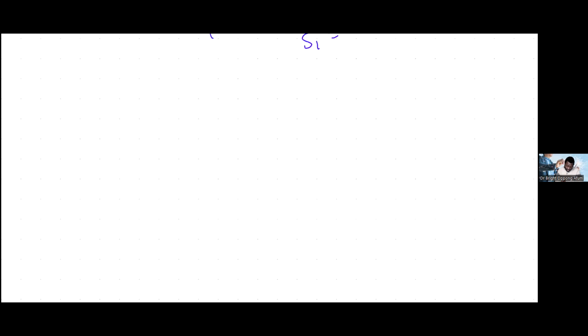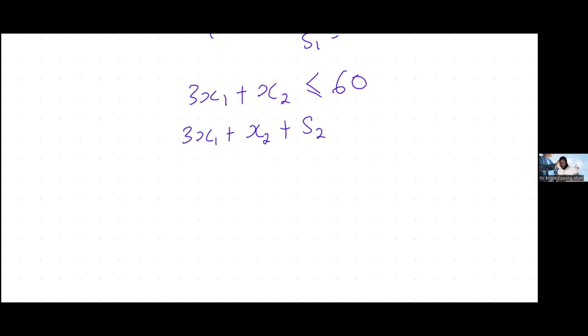Then the second constraint is 3x1 plus x2 is less than or equal to 60. Again, because it's maximization, we add a slack variable, and since this is the second constraint, I use s2 to make this an equality, equal to 60.